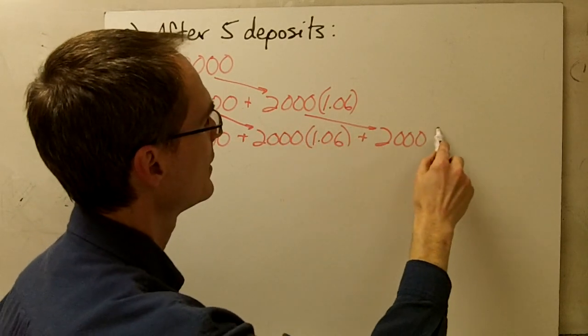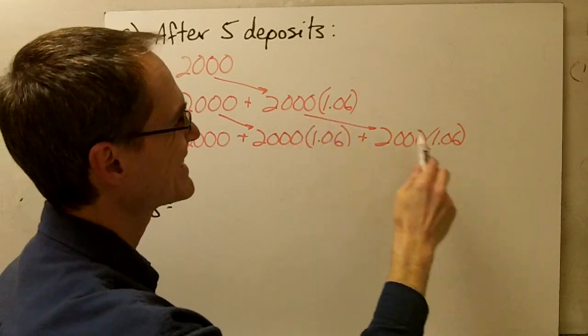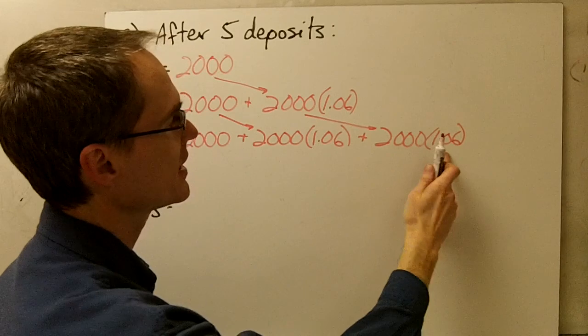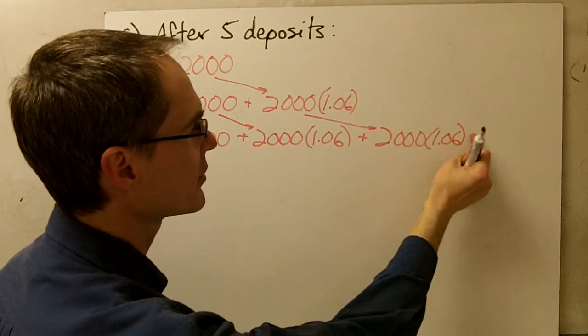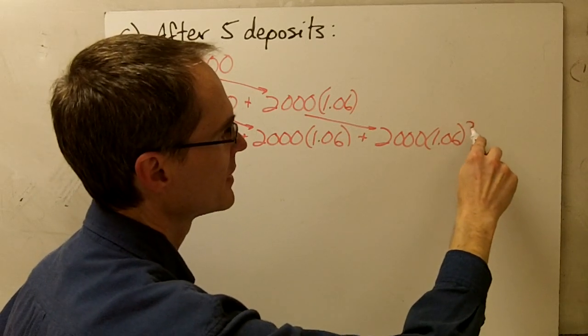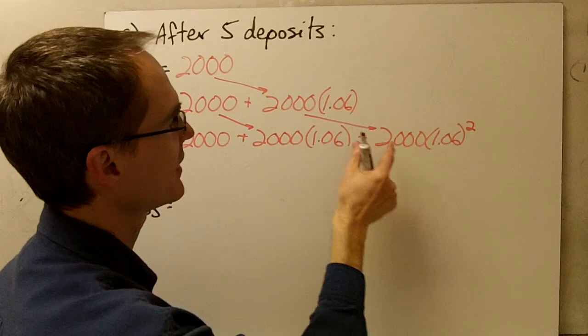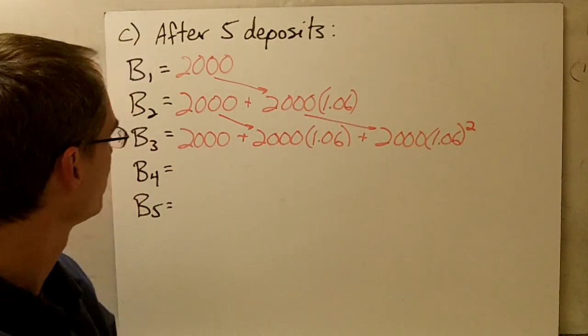That is, I'm going to have 2,000 times 1.06, that's this amount of money, times 1.06 again, because this has stayed in there for another year. So instead of writing another times 1.06 out here, I'm just going to put 1.06 to the second power to indicate that I'm taking this amount and multiplying it times 1.06 again.